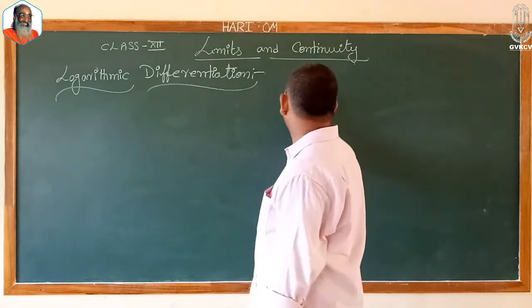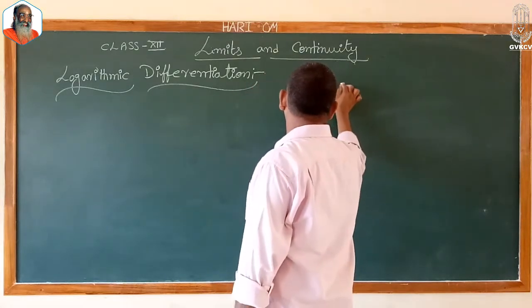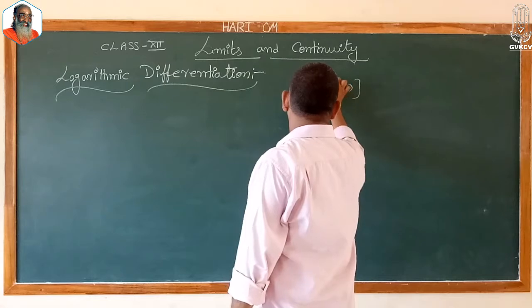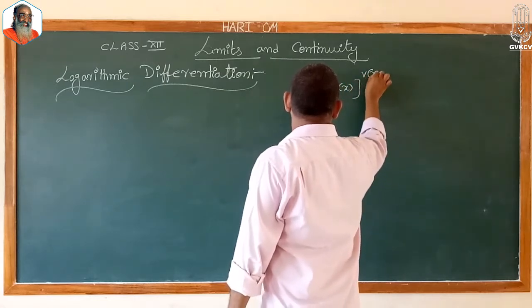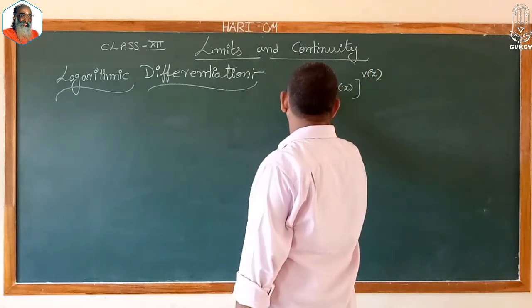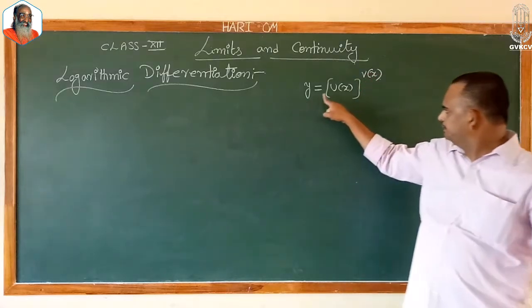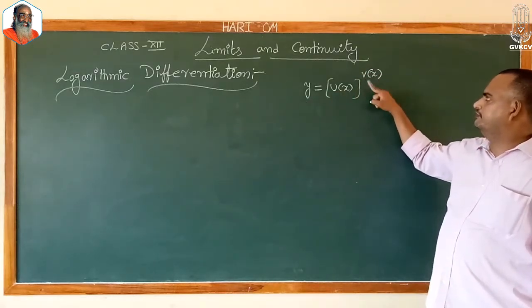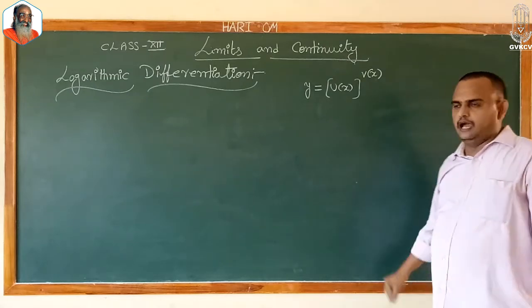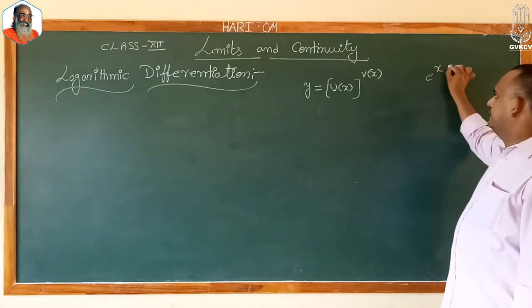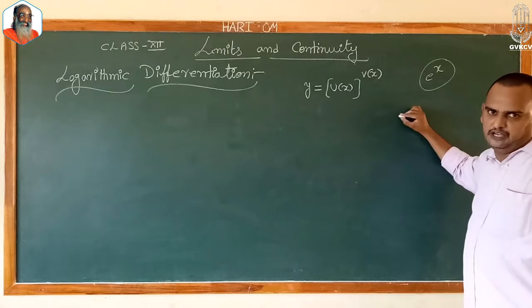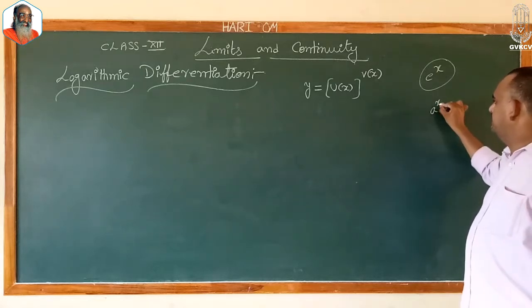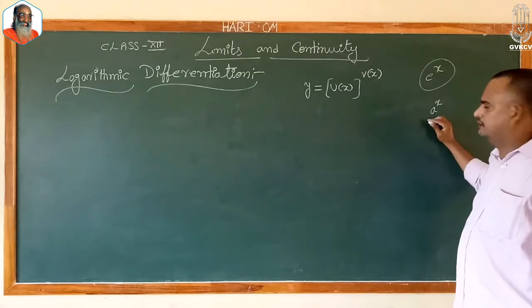Now, any function in the form of y is equal to u of x power v of x. Usually we have e power x, which is an exponential function, and a power x is also another function.